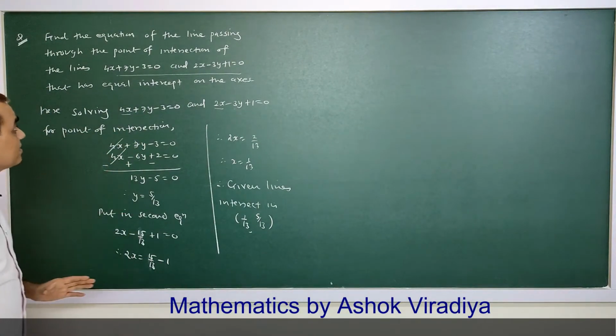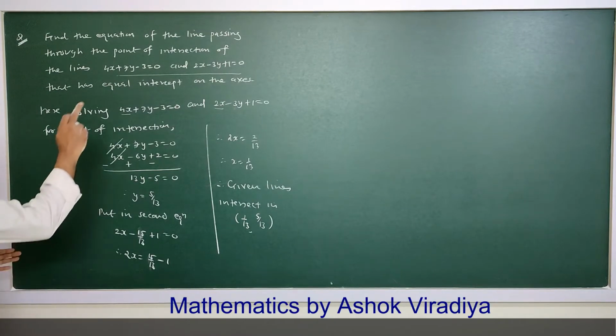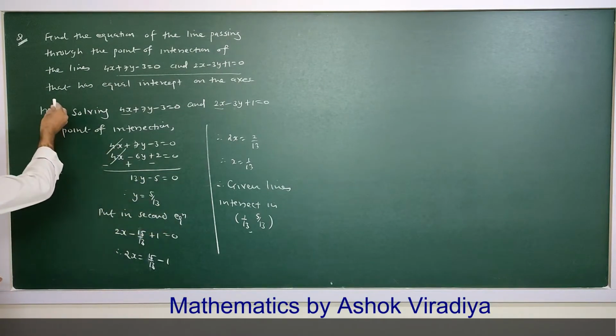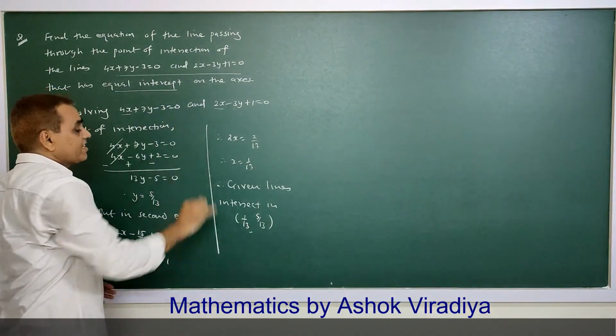Now we require a line passing through this point and that has equal intercepts.